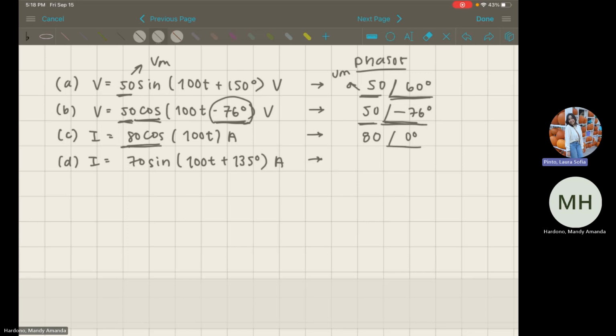So for D, ideas. Just like eights. Set the angle of 35, right? Oh wait, okay, so that should be minus 90. 45.